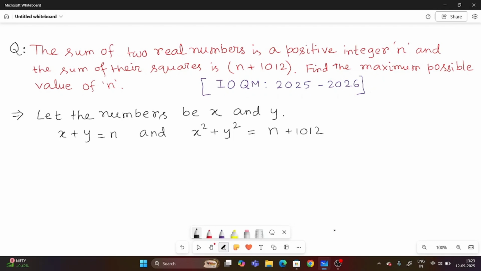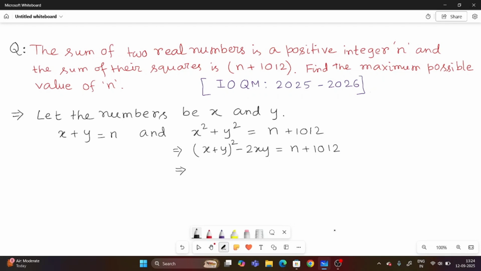In the second equation, we can use the formula of a square plus b square. So x square plus y square can be written as x plus y whole square minus 2xy, which is equal to n plus 1012.